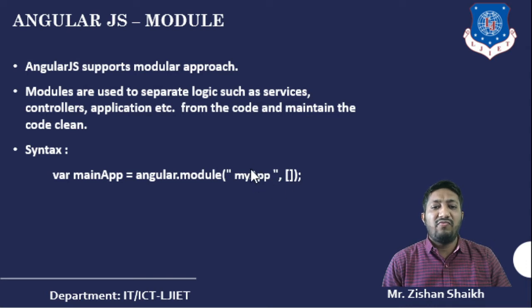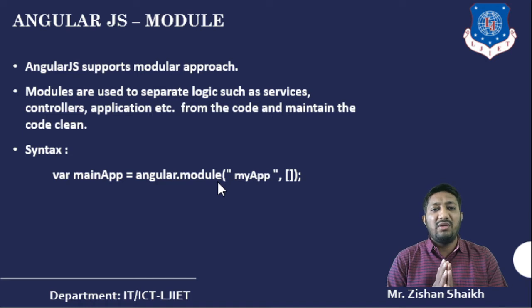The first parameter tells in which application you are using this module, and the second parameter is used to create a new module. If you want to include an existing module, you don't require the second parameter. But if you want to create a new module, then you have to use two parameters.